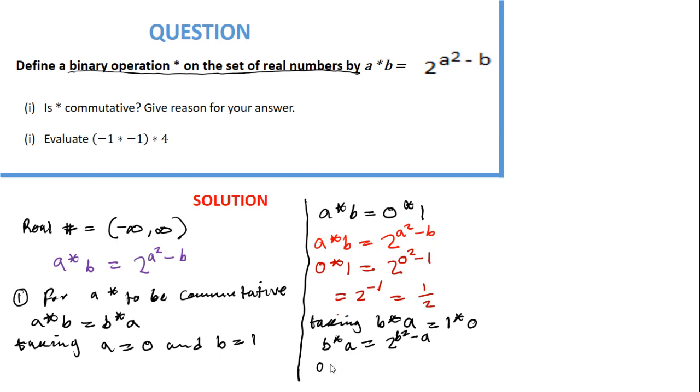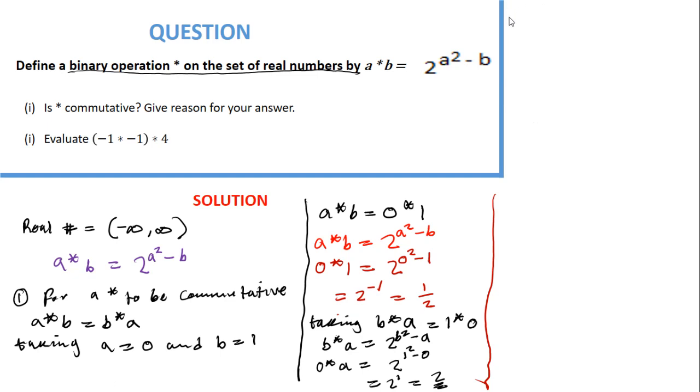So 1 star 0 will simply be equal to 2 to the power 1 squared minus 0. If you work this out, it is simply 2 to the power 1, which is just 2. If you observe very well, a star b is not equal to b star a.